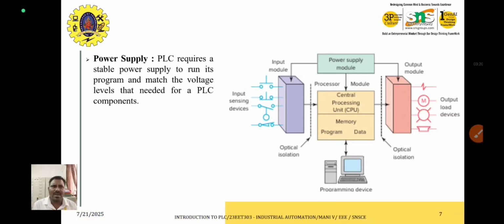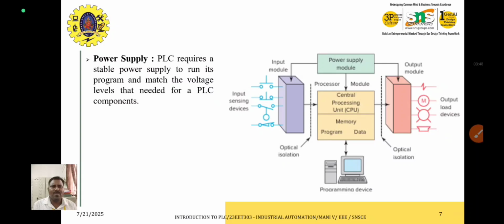Now the power supply. Normally the power supply is divided into three areas. To the power supply we give either a 230 volt AC or DC supply. To the input module and output module we give a 24 volt DC power supply, and for the CPU we give a 5 volt DC power supply.